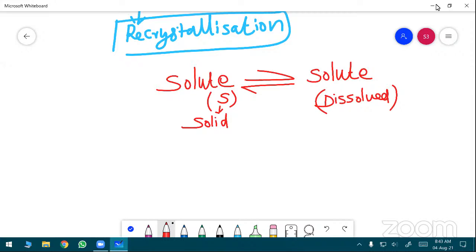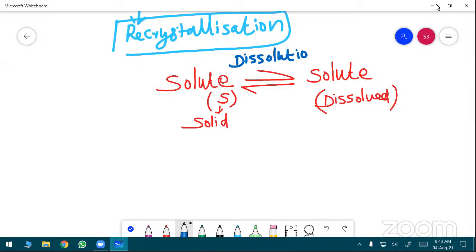Now I am explaining the process. When a solid solute becomes dissolved, that process is called dissolution. That is the forward direction.